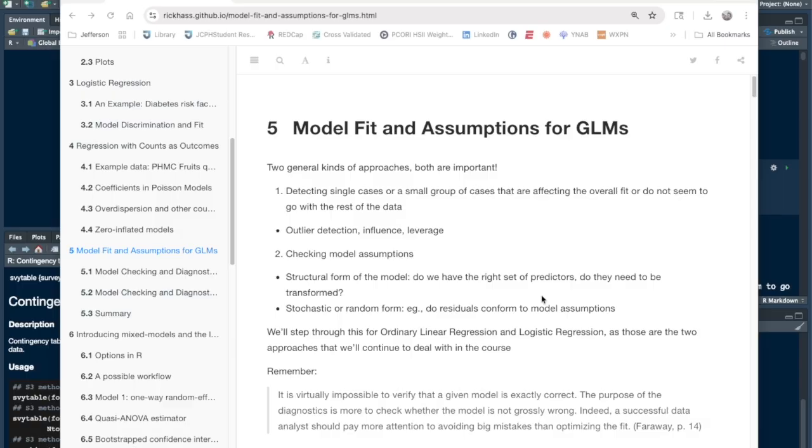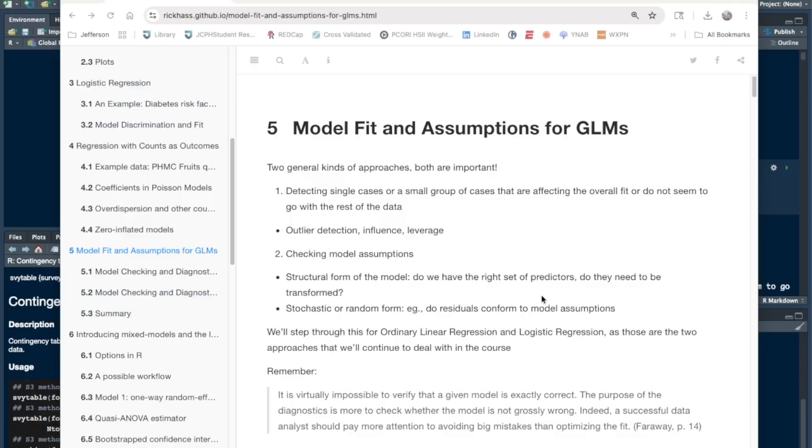And then do our residuals conform to, at least in linear models, we would like our residuals to be uncorrelated with predicted values and with any of the predictors that we have in our equation. And we also need them to have constant variance. Sometimes when you're checking assumptions and you don't see either of those two things, it means that your model is incorrect. It's not that your model is bad, it's just that it's missing something. You failed to capture something important.